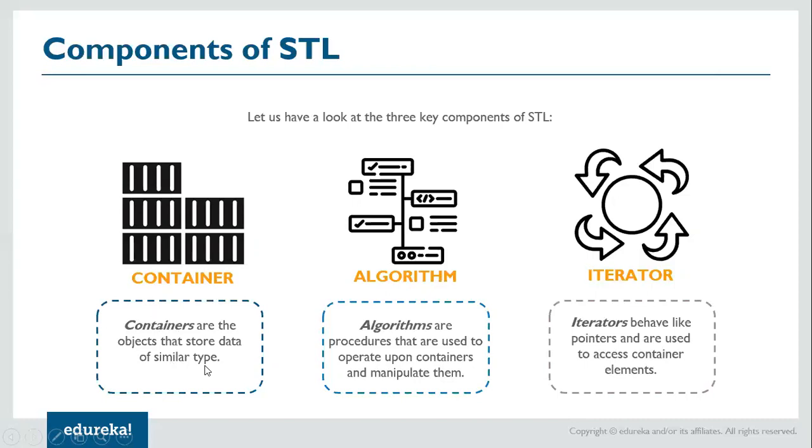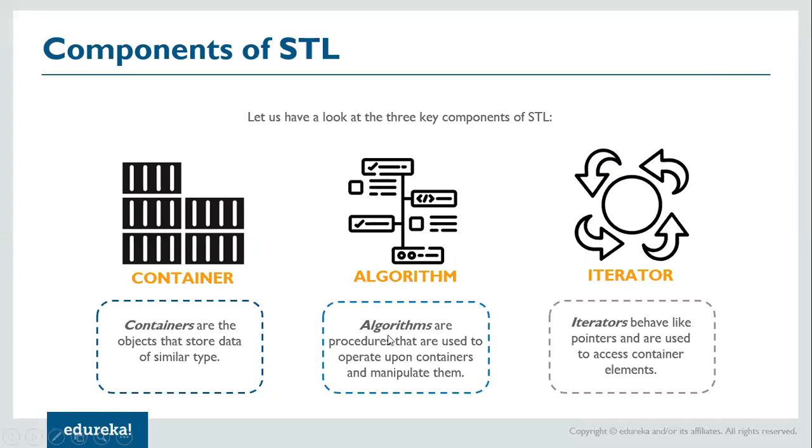So a container is basically a location, you might call it a memory address, where you store your data, right? For example, you can have a list or a vector, which becomes a container in case of STL.